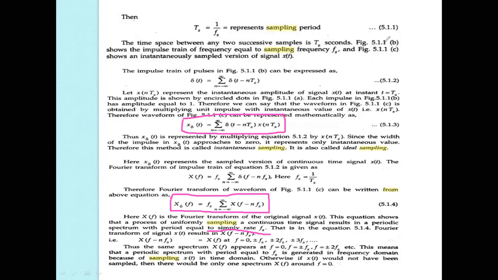You know, a periodic function means repeated at regular intervals. Suppose the signal is like this, minus fs to fs, and again it is repeated, the same thing. The periodic signal is a periodic signal with the same period. Okay, my dear students.